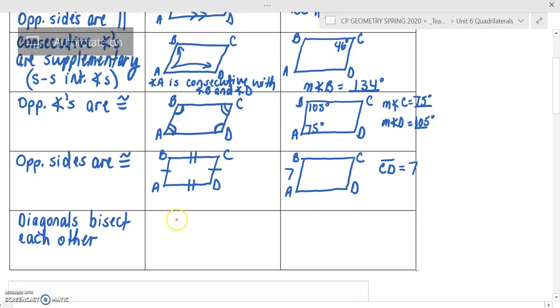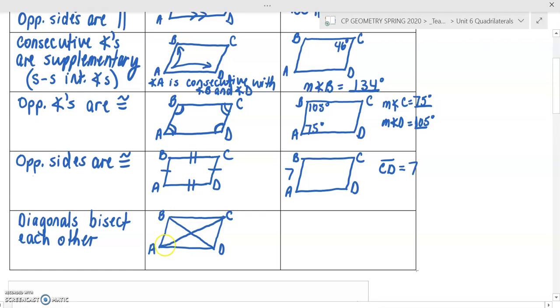I'll do a drawing. Again, I'm going to keep with my same parallelogram, A, B, C, D. I'm going to draw in the diagonals. Sorry, my hand is not very steady today. There's one diagonal, and there's the other. But we know that diagonals bisect each other.